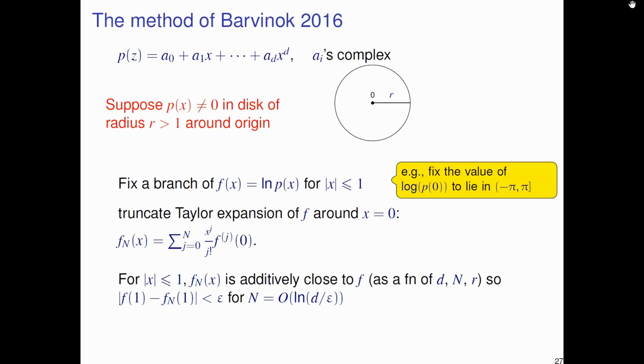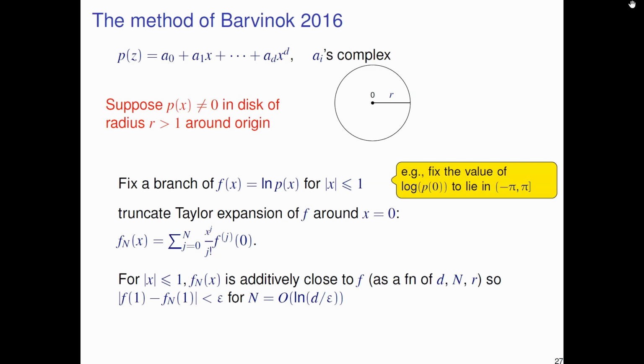Then I truncate the Taylor expansion around x equals 0 at some point capital N. Barvinok showed that as long as we don't have any zeros, we don't have to make capital N very big to get an additively close approximation. In particular, it suffices to take capital N about the log of d. And of course, if the logarithm is additively close, that gives our polynomial multiplicatively close.